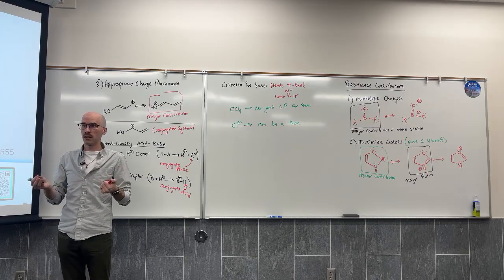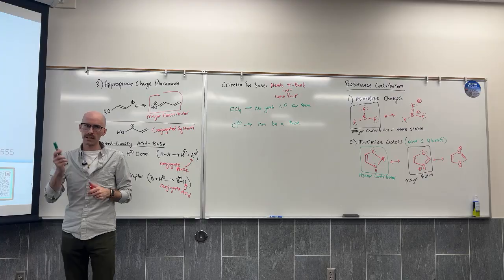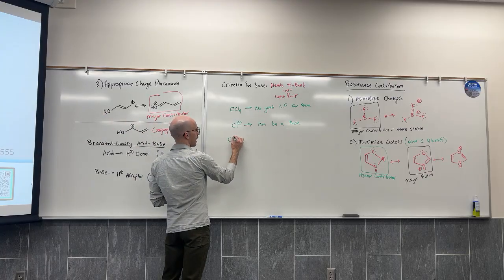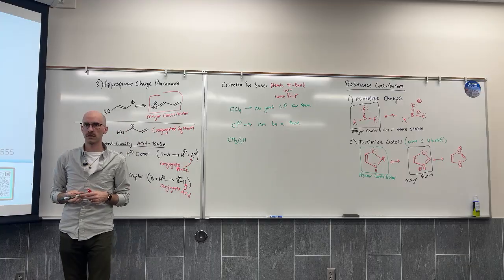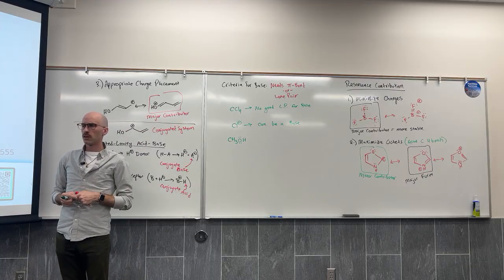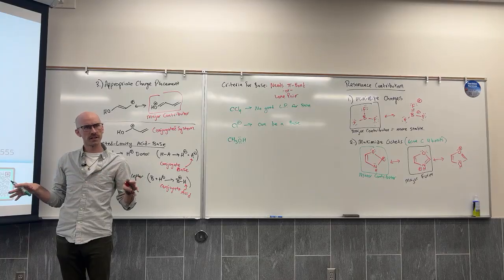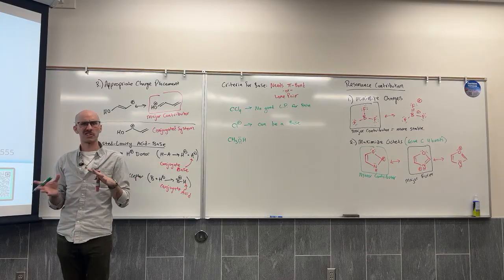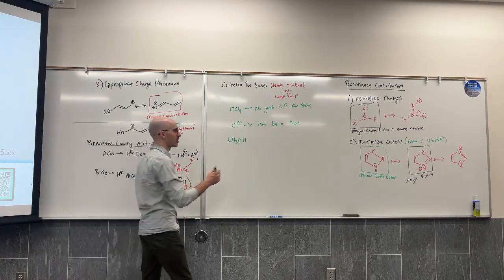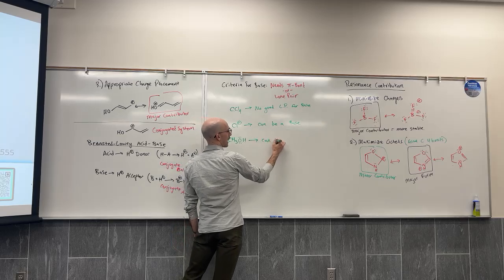Halogens not bonded, much more common. Okay, here, let's make it even more confusing. CH3OH, 2 lone pairs. Hardly any different than the halogens. The oxygen is bonded as much as it likes to be. It's got its normal amount of lone pairs, but oxygen can be a base.